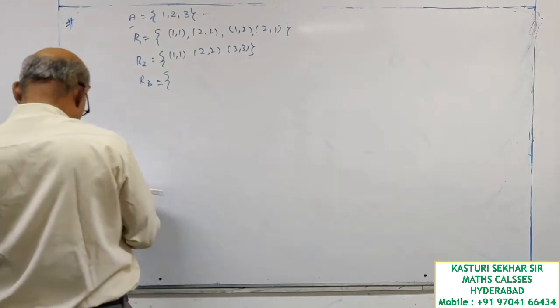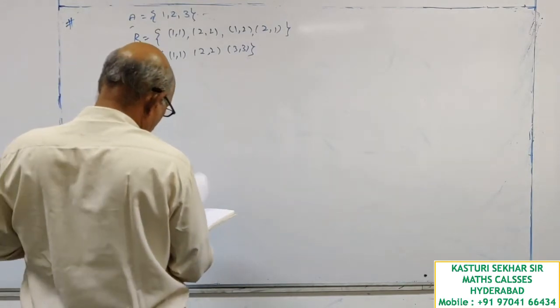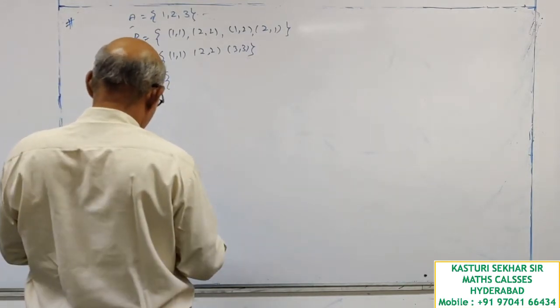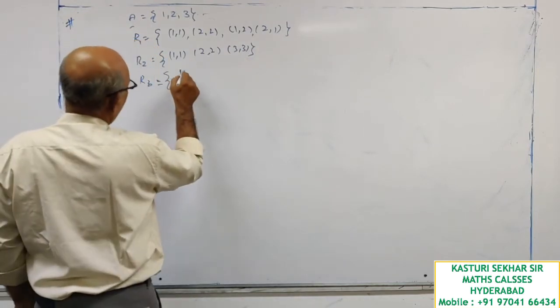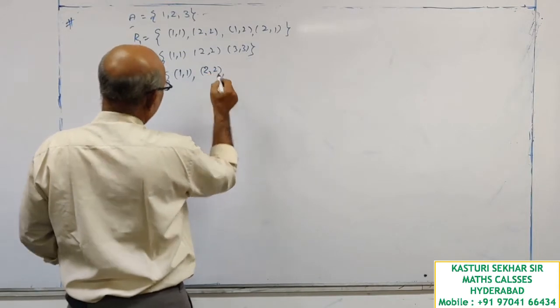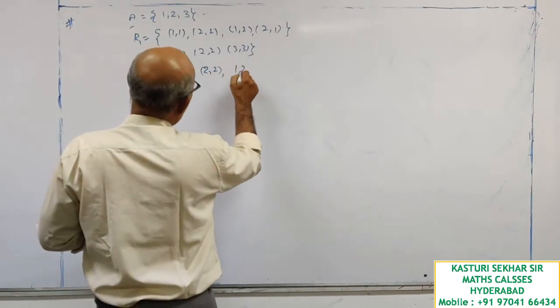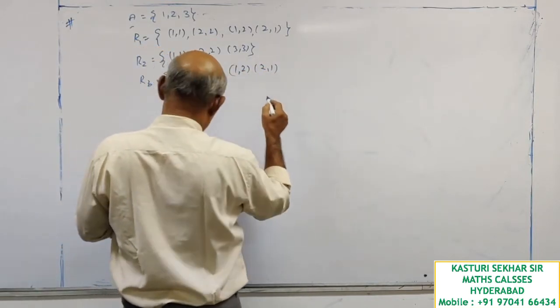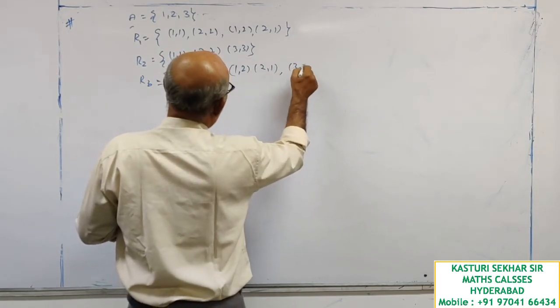R3 = {(1, 1), (2, 2), (1, 2), (2, 1), (3, 1)}.